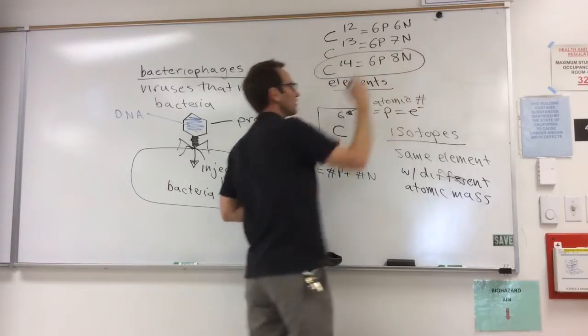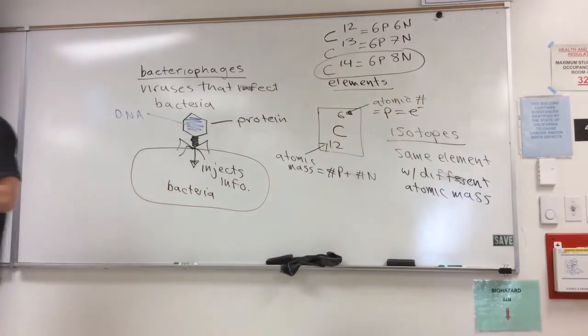Well, it turns out as you cram more neutrons into the nucleus of an element, you can destabilize the nucleus so that it becomes radioactive and it will decay. When it decays, it releases a particle of energy and becomes an element of a different atomic number and or mass. All right?